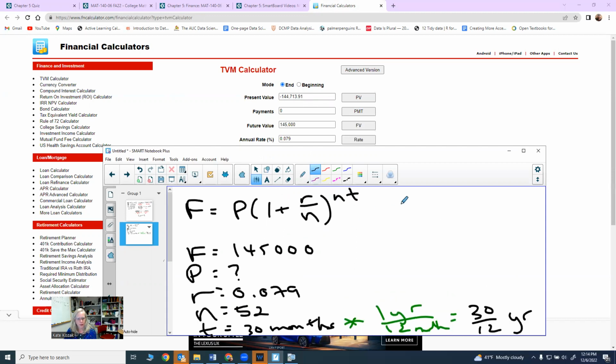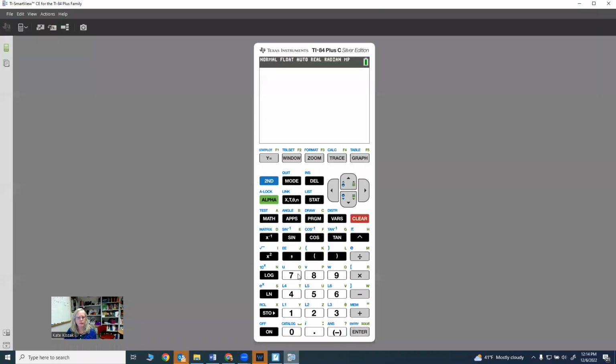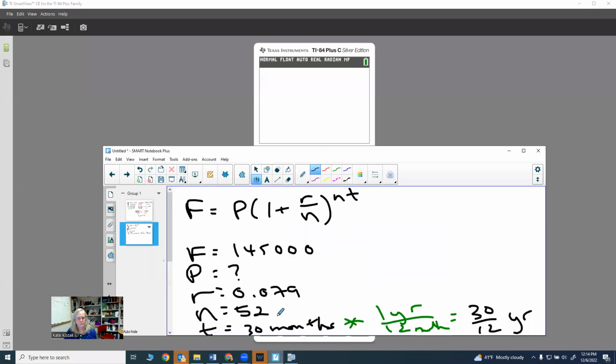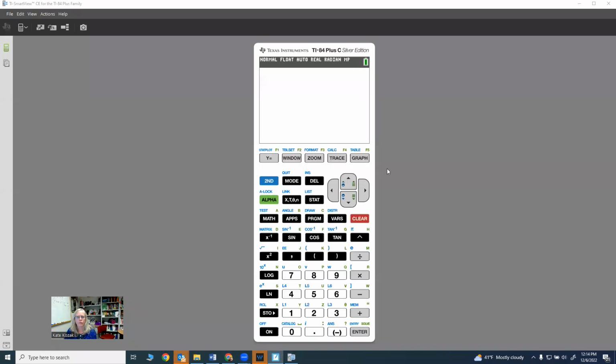So if you want to use your calculator, you can also use it on the calculator. On the calculator, we would go into our TVM solver, which depending on which TI-83 or 84 you have, it may be in the apps program, and maybe in programs, it may be in math. In this one, it's in the apps program under finance.